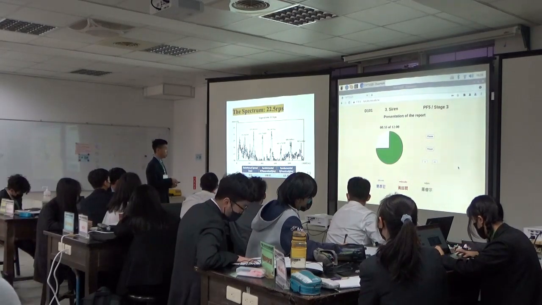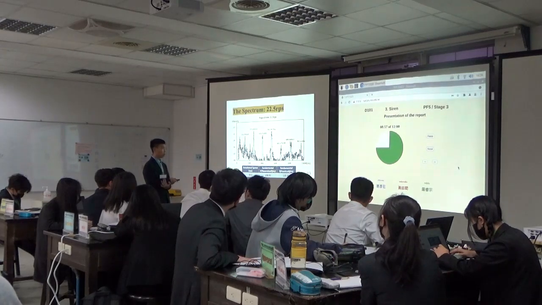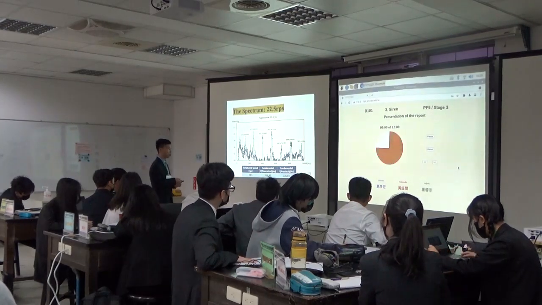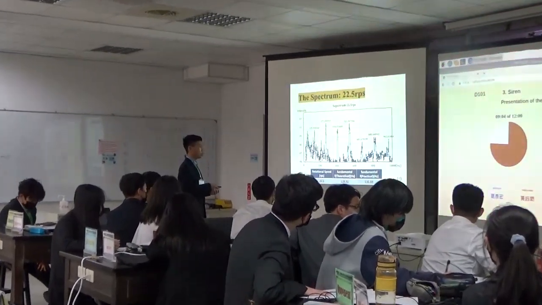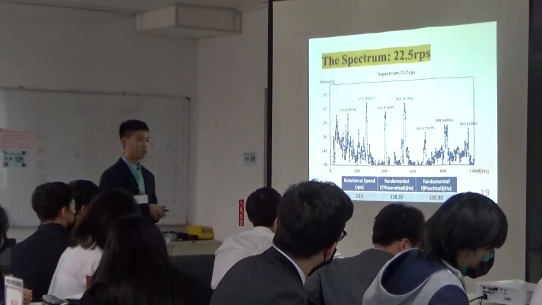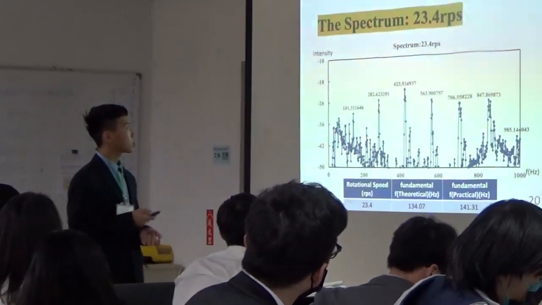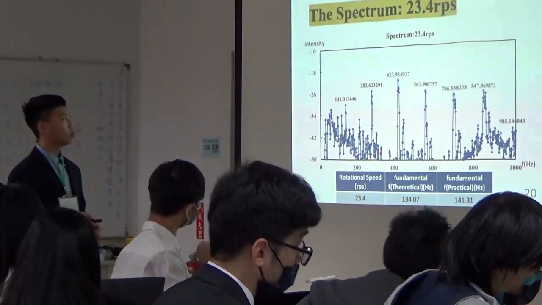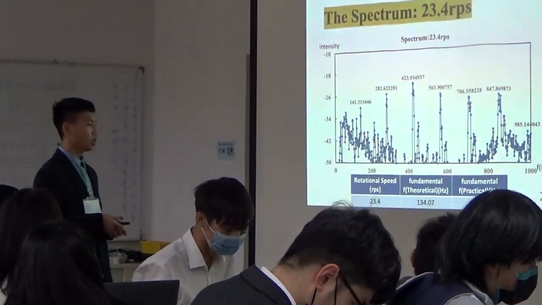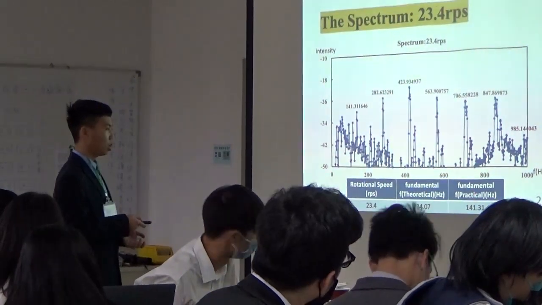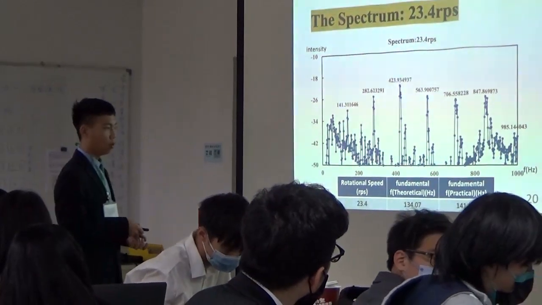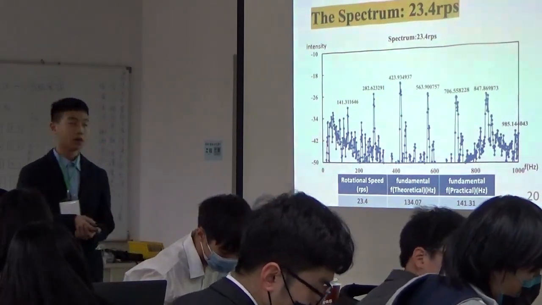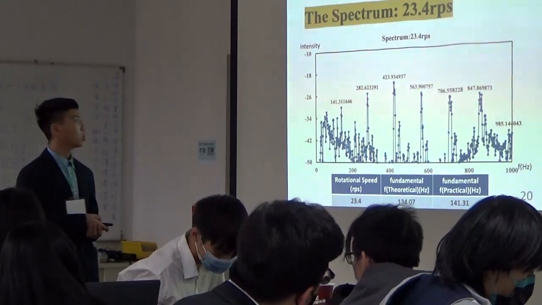So this is the practical frequency, which is 135.193 Hz, and the theoretical is 128.90 Hz. This is the one with 23.4 rounds per second, and this is the final result we get, which has 131 Hz in the results.